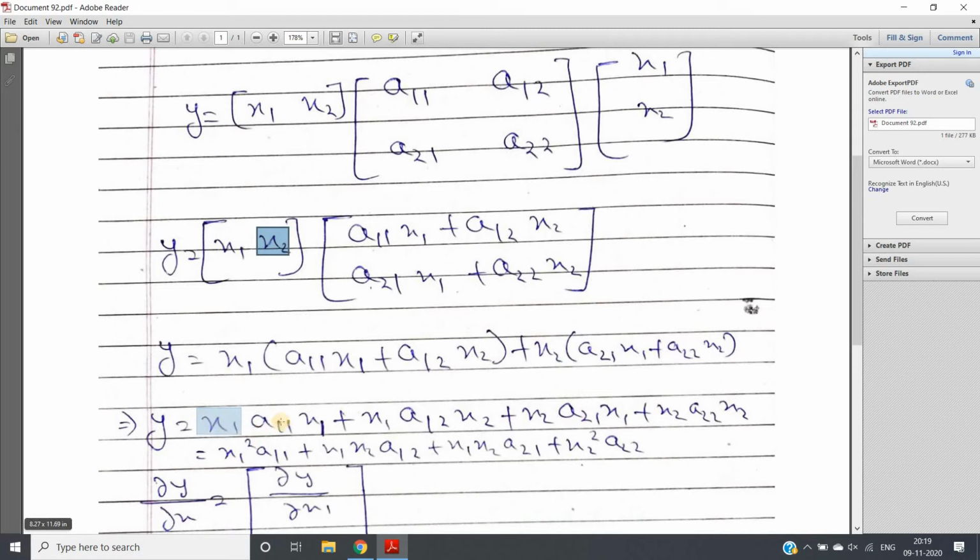So x1 multiplied by x1 becomes x1 square multiplied by A11, then x1 x2 into A12, that's what I have written here, then x1 x2 into A21, and x2 multiplied by x2 becomes x2 square into A22.